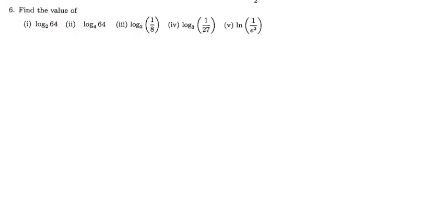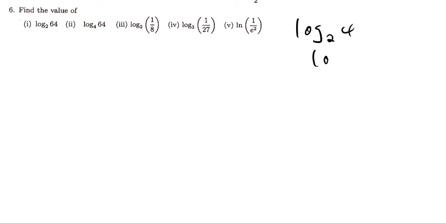Now let us go ahead and solve question 6, where we are trying just to find the value. This is basically the same principle which I was talking about earlier on. If you have log base 2 of 4, you need to apply the properties of log, make the base and this number the same, then it's going to give you 1.